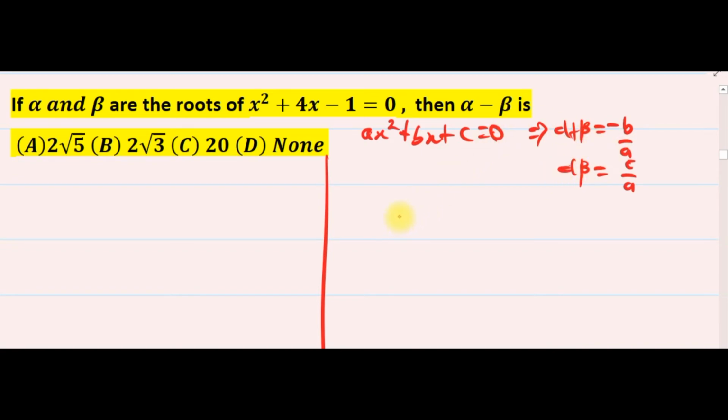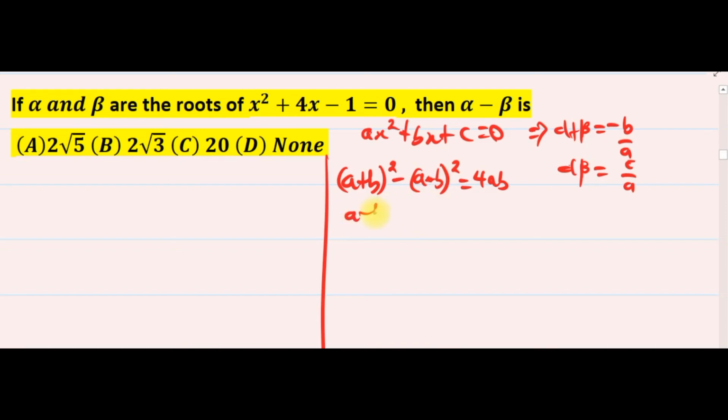What we have to do is use an elementary identity that states that a plus b squared minus a minus b squared is always 4ab. This is a very important elementary identity. As you can see, we have a minus b here.